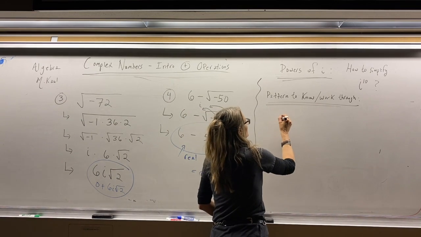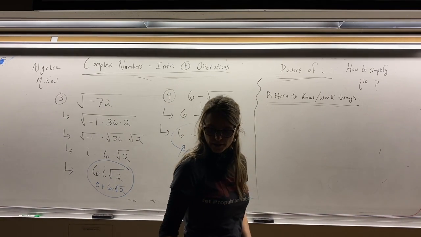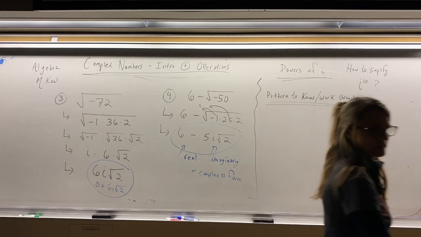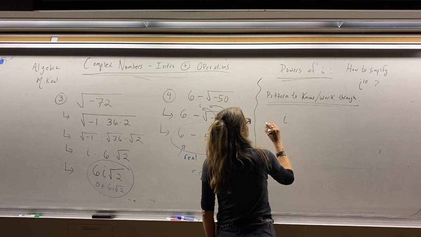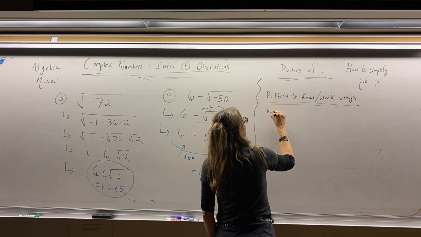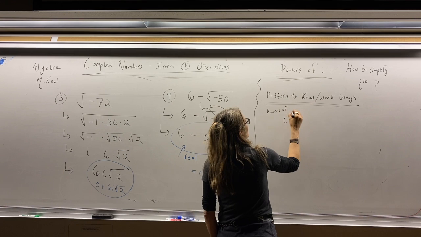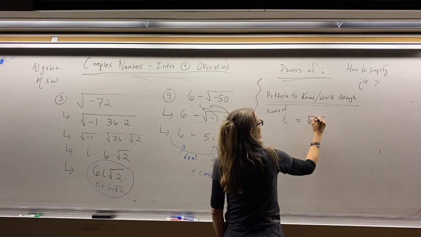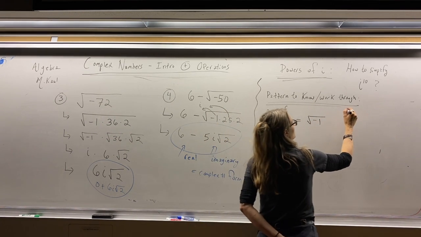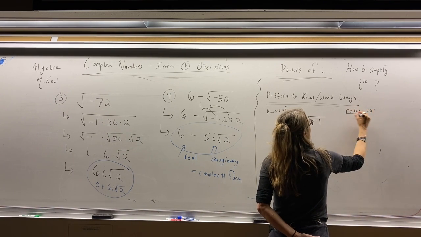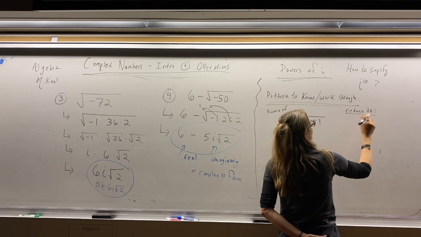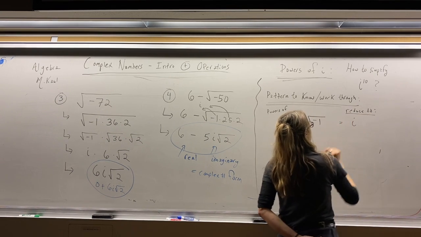So if we start with i, by definition i is defined as the square root of negative 1, and the symbol we reduce to just the i value.